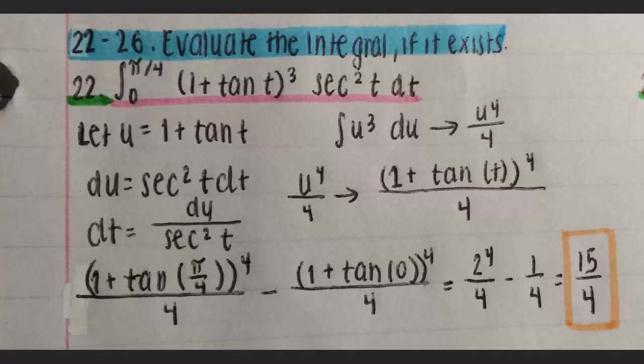From there, we plug in the values from the interval 0 to pi over 4, and we compute f of b minus f of a. So we would get 2 to the fourth power over 4 minus 1 over 4, which simplifies to 15 over 4.